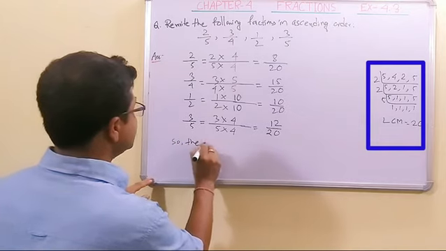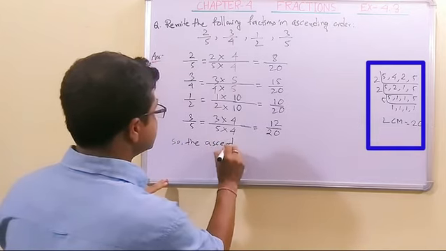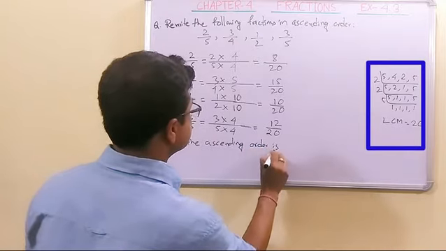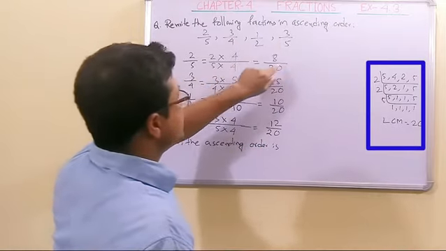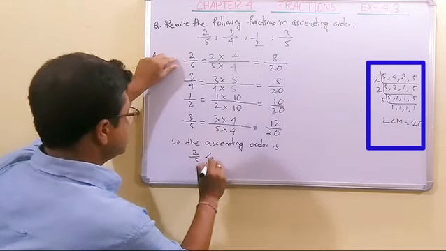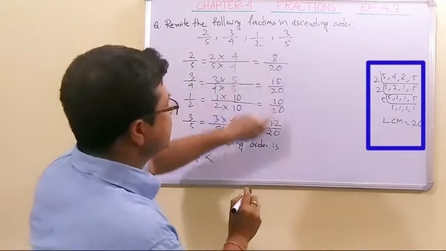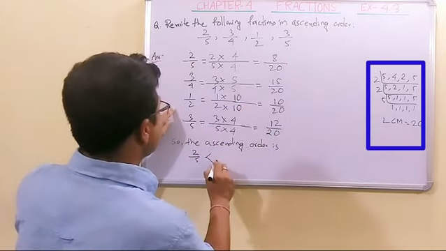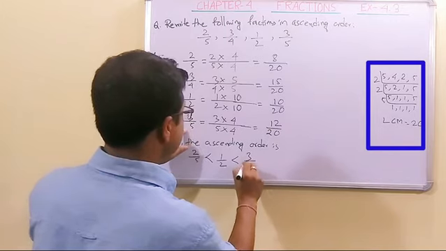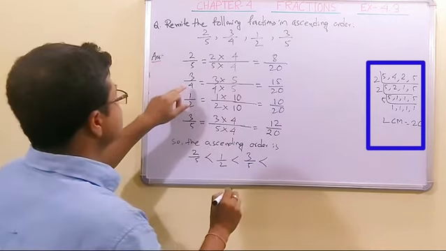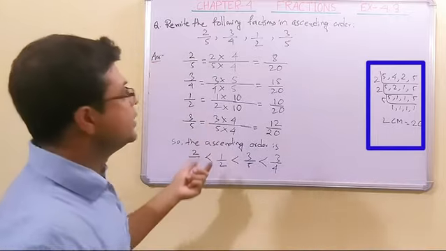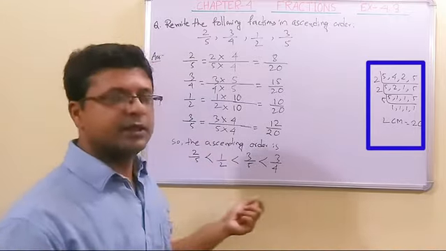So the ascending order is, smaller to bigger: the smallest fraction is 2 by 5. Then after 8 comes 10, it is half. Then comes 3 by 5. Then comes 3 by 4. Okay, so in this way we can arrange in ascending order.